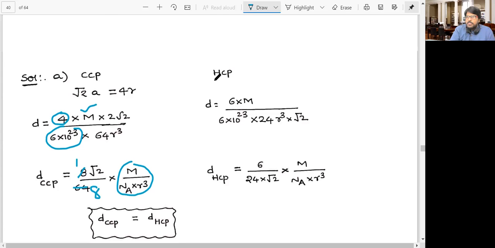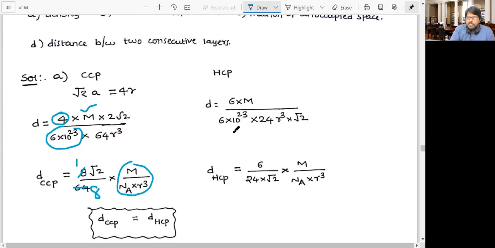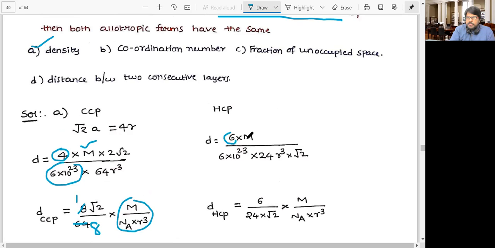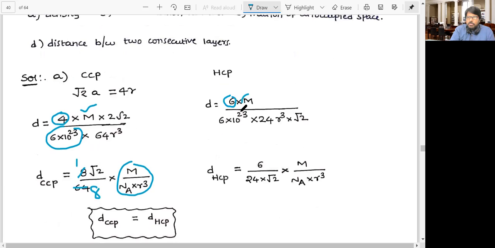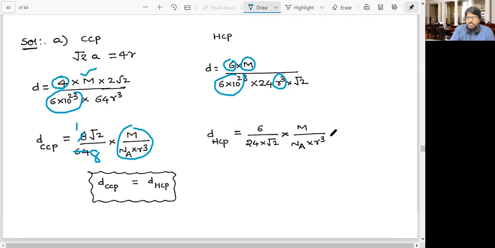Now let us find HCP. What is Z effective? 6. Molar mass M, Avogadro number. What is the volume? 24 r cube into root 2. Again you separate molar mass, Avogadro number, and r cube, because you can see this part is the same. And here this is 6 1s and 6 4s, so both are same actually.